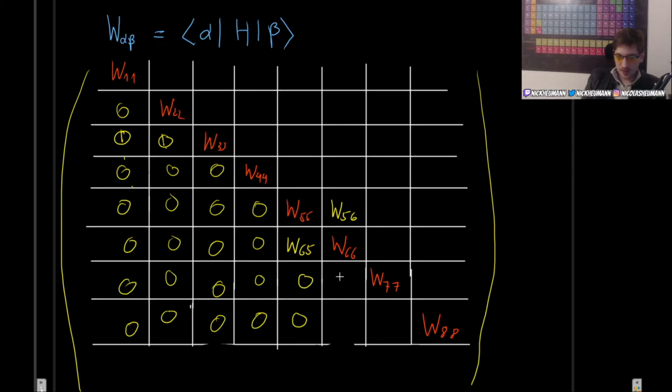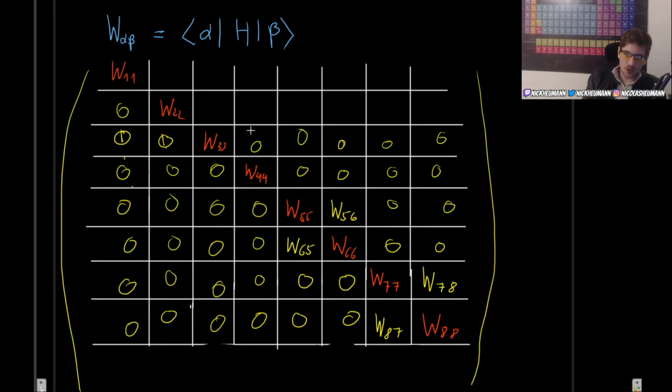And then this is 0, 0, 0. And then we have W87 and W78, and everything else is also 0, because whenever you do this product, the states alpha and beta are going to be completely orthonormal, and you're going to get 0.